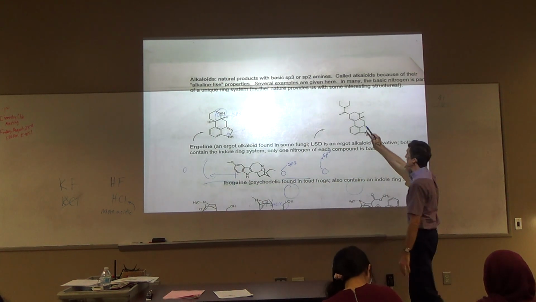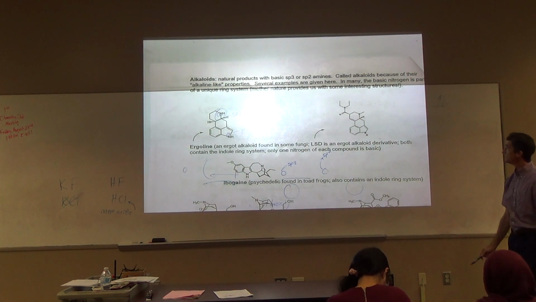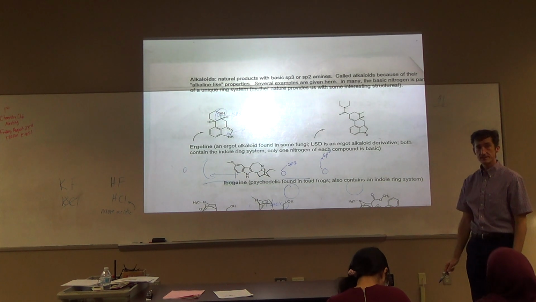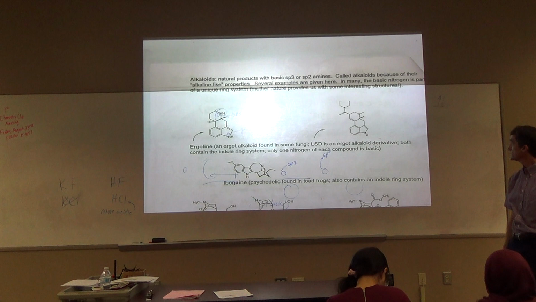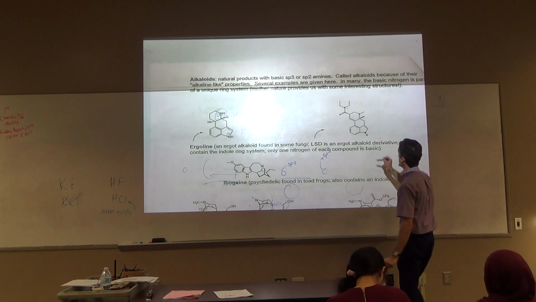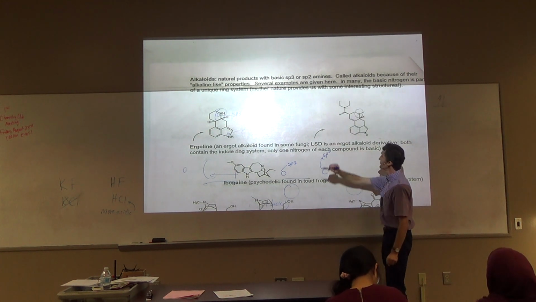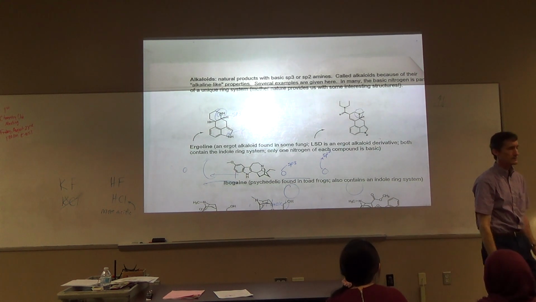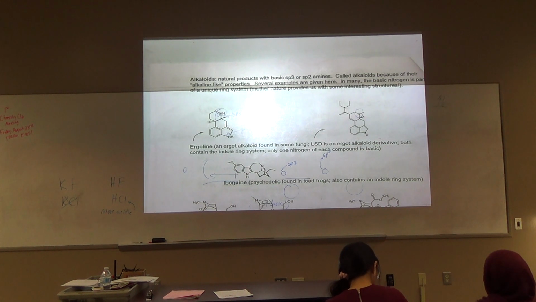LSD, remember that compound? It's got 3 nitrogens. Only one of them is basic, though. Which one is basic? Middle one. That's basic, right? Why are the other 2 not basic? Lone pairs in a p orbital.